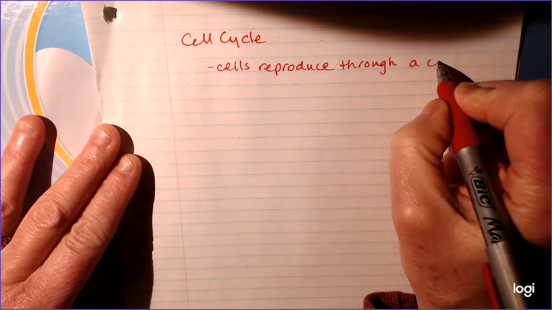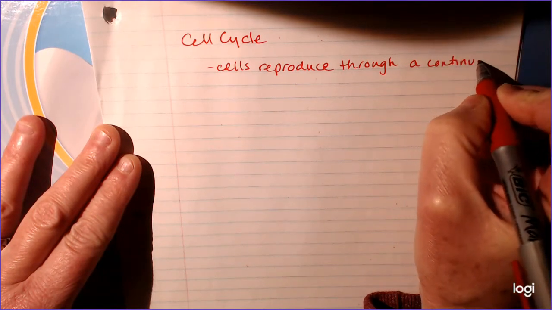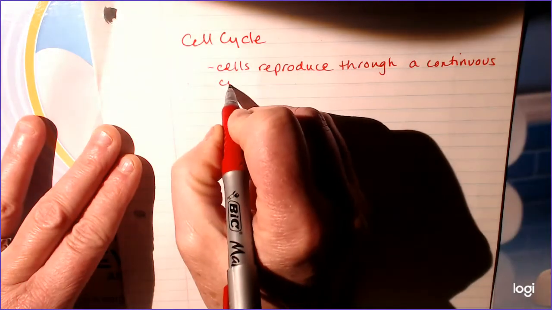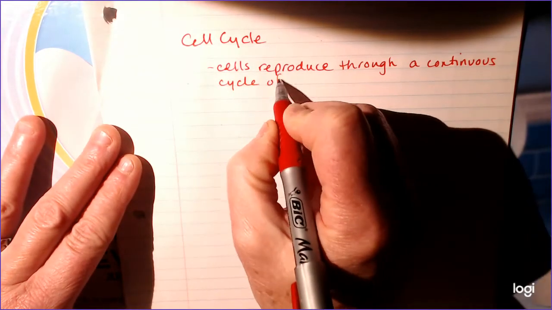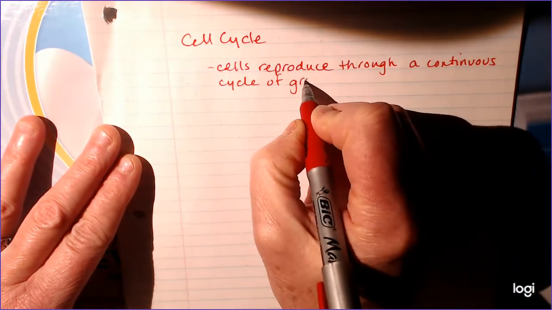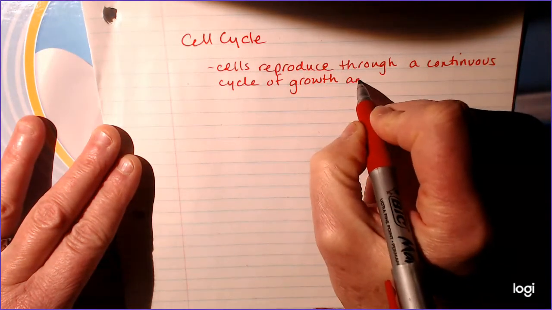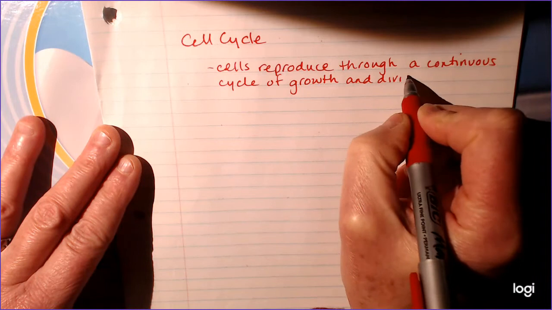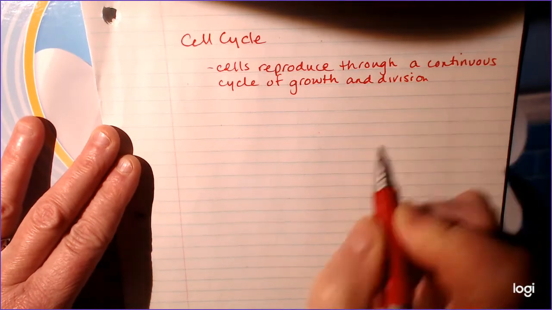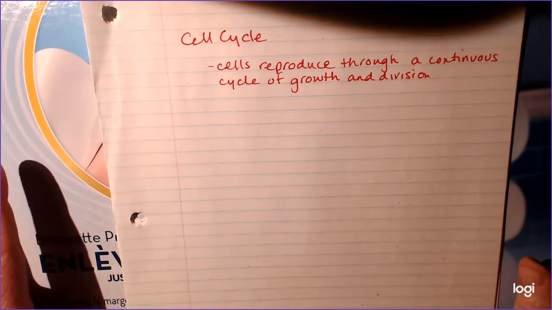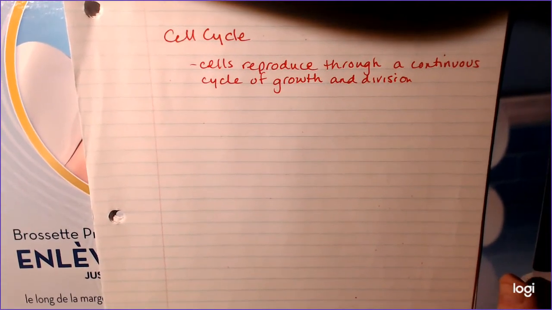Through a continuous cycle of growth and division. Okay, so that's what the cell cycle is. It's a continuous cycle of growth and division.